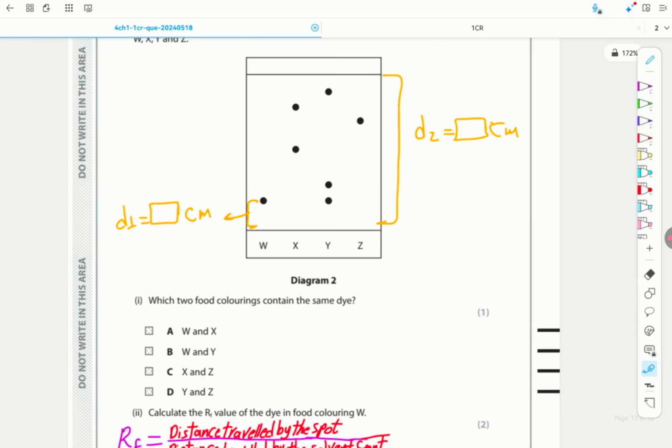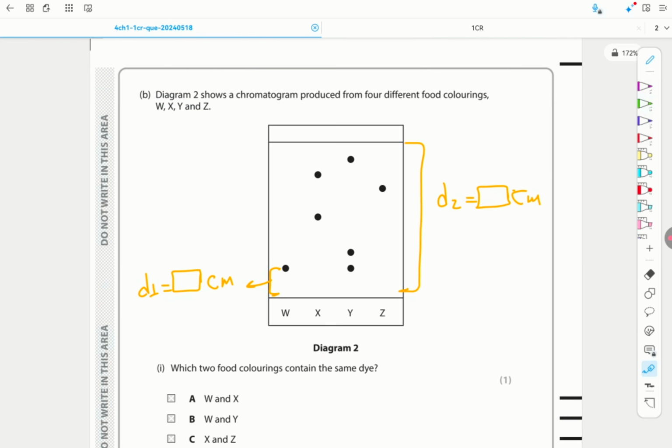Now let's go to the practical part of the question. Here they say diagram 2 shows the chromatogram produced from 4 different food colorings. This is food coloring W, this is food coloring X, those are the components of Y, and this is the only component of Z alone.